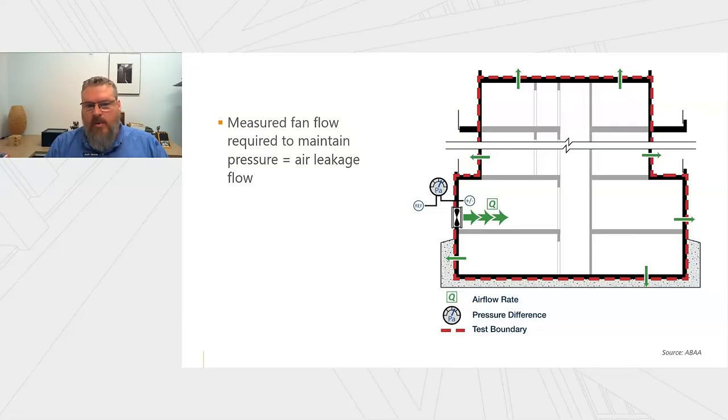And so if you're maintaining that building at 75 pascals, either positive or negative, in this diagram it's positive because we're pushing air in, the total amount of air that's being pushed in by the fans has to be equal to the air that's leaking through all of the holes in the air barrier. And that's how we determine what that leakage rate is. We know that volume, and then we just divide it by the square footage of the enclosure, and that's what gives you the metric. That's kind of the bottom line of this testing.